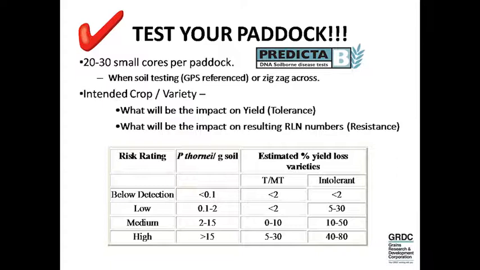And you can see here, intolerant varieties, even when we got what is classified at the moment as a low number, you get the wrong circumstance, 5 to 30% loss. And it's interesting here, there's about 40% of the tests that we did through Crown that have come back as medium or high. And if you've got the wrong variety, there's 10 to 80% loss.